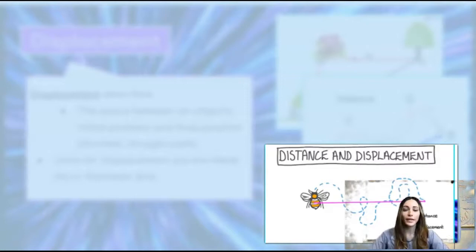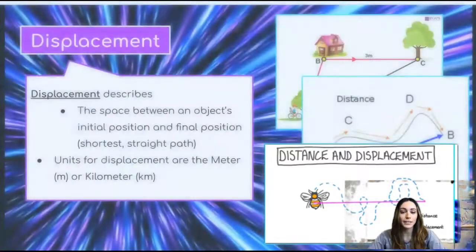Here's another very similar example where the bee could buzz around in circles, flying every which direction. That entire dotted line path would represent the distance that was traveled by the bee, whereas that straight pink line would represent the displacement, or how far the bee has moved from its initial position.